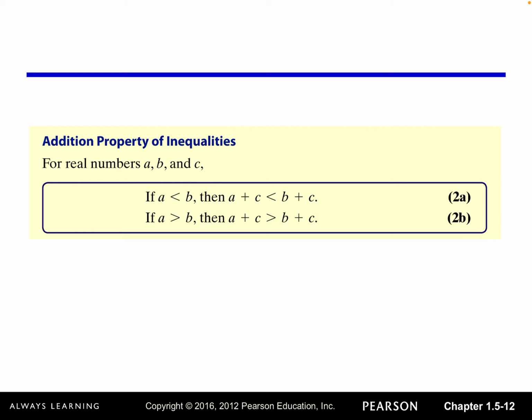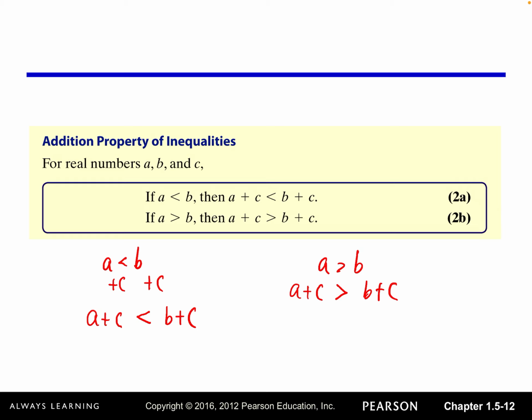It states that if the inequality A less than B is a true statement, then adding or subtracting the same number or expression on both sides of the inequality keeps the same symbol. If the original is less than, after adding the same number or expression it is still less than. If the original is greater than, after adding the same number or expression to both sides, the greater than is still a true statement.